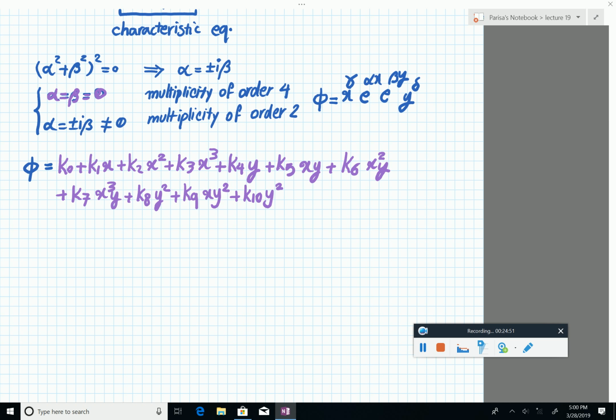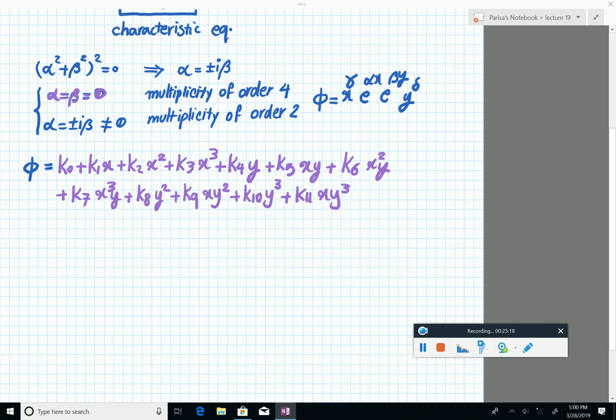Should be an error here. Plus k11, let me check that, x y cube. Yeah, that's what I just realized. It is y cube. So it's k10 y cube plus k11 xy cube.